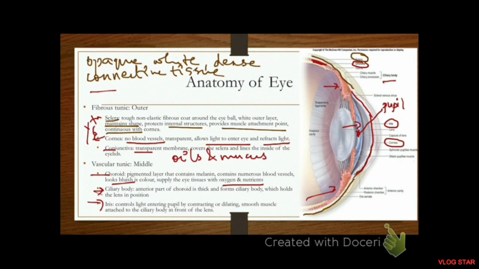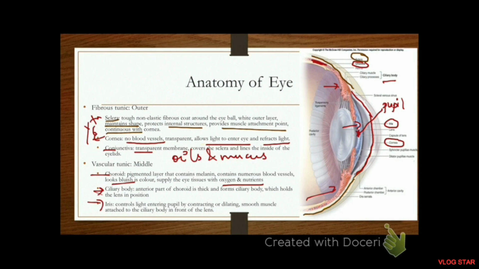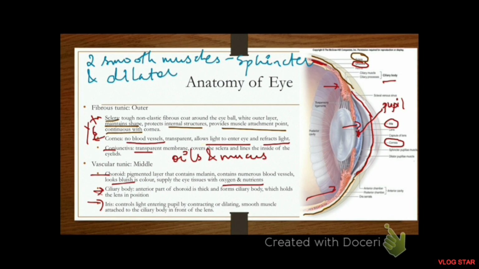Now this iris contains two sets of smooth muscles. These two smooth muscles are sphincter and dilator. So what do these muscles do?